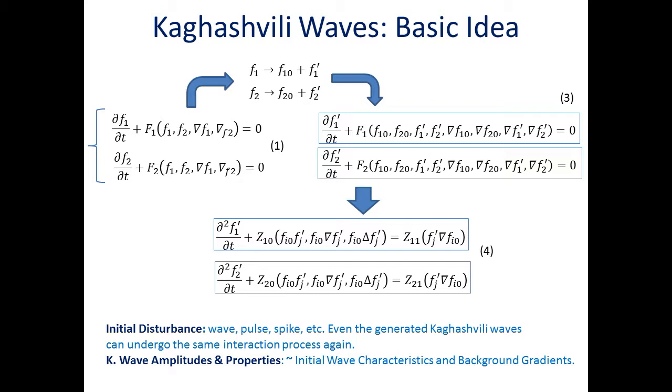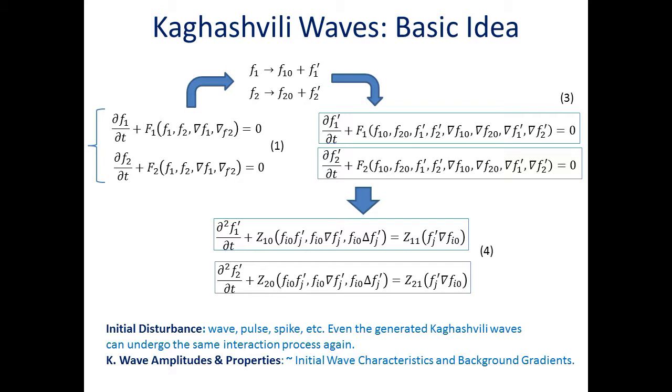So what I did after 2006, in fact, doing this kind of expansion, the expansion that I suggested, was to derive those Skagashvili waves and study their amplitudes and their properties.